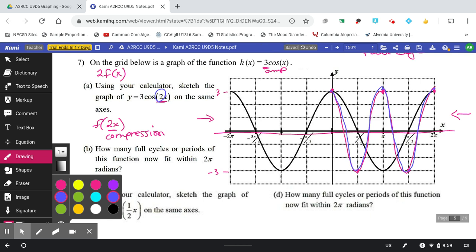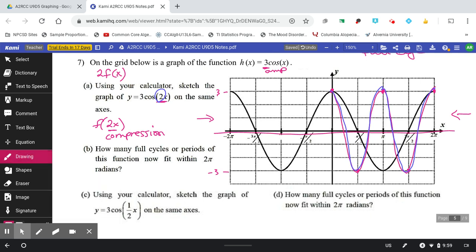Okay, and that's such an important part of it that it has its own word. That is called the frequency. Okay, and the frequency is the number of cycles in 2 pi. So in this case, there's 2 cycles, but you get that from that compression.